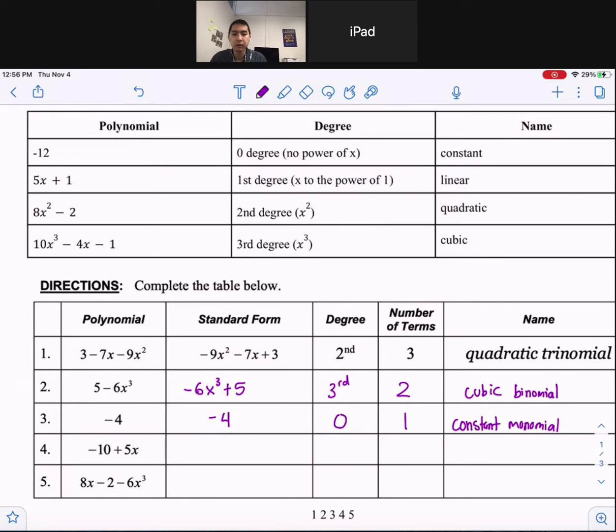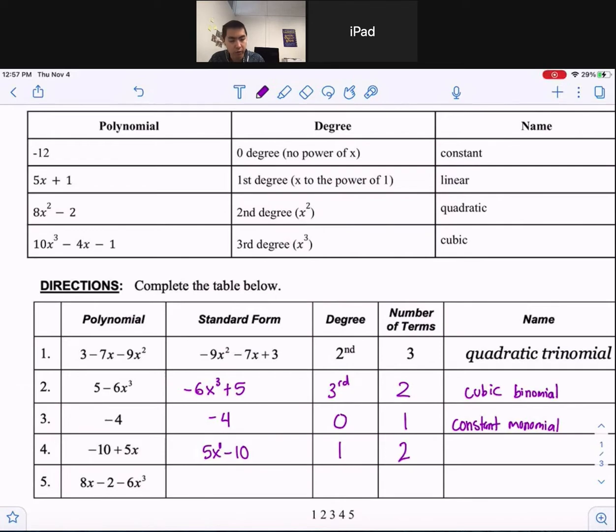Okay. Now, the next one, again, we have to write this in standard form. So it's 5x minus 10. So the highest degree here is 1, because this 5x is x to the first power, and the number of terms is 2.